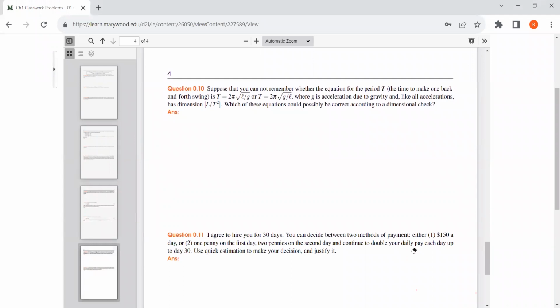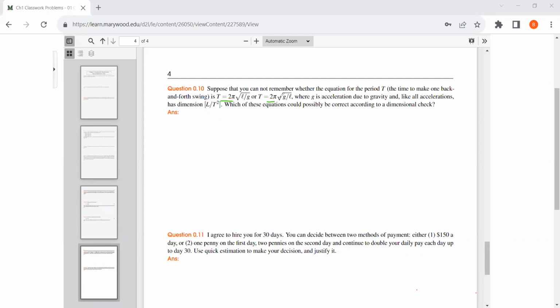We have to check which one is correct. In one equation, we have 2 pi square root L over G, and in another equation we have 2 pi square root G over L. So we have to check which equation is correct.